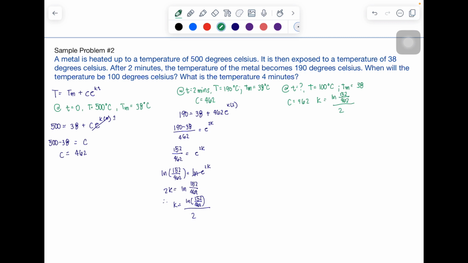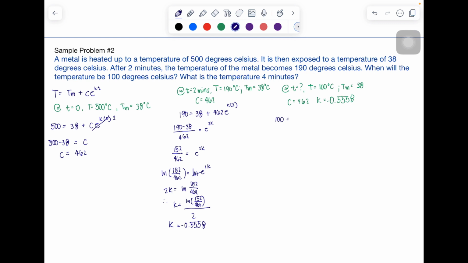Okay, let's simplify this. If you simplify this, K is basically negative 0.5558. So that's for easier calculations. K is basically negative 0.5558.